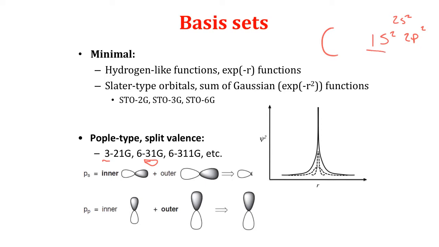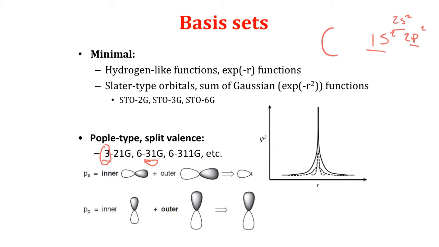We're going to replicate that 1s orbital, which should just be one function, but with three Gaussian functions because of this 3 here. And then for the outer orbitals, which are the 2s and the 2p orbitals, 2px, 2py, and if you want to include all orbitals, the 2pz as well, for each one of those orbitals we're going to take 2 plus 1 functions and add them together to replicate it.